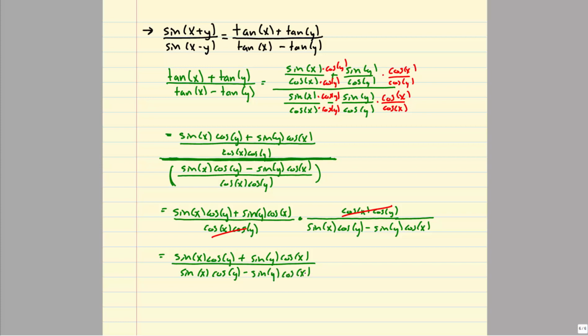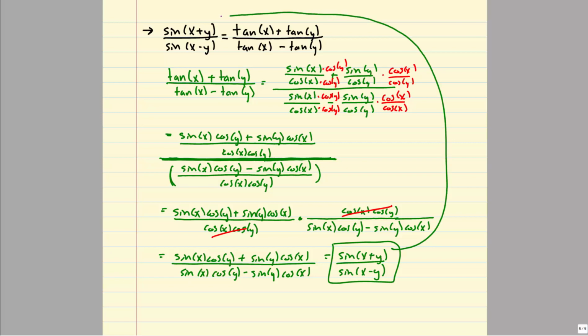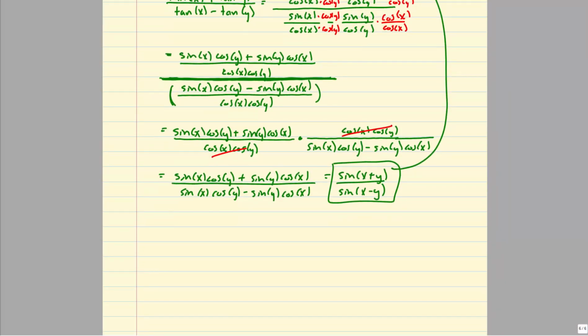So if you look back on your identity card or your identity sheet, this top one would be the sine of x plus y. In the bottom, the denominator would be the sine of x minus y. And again, this is what we were trying to establish. If we come clear back up here, I've established the identity. I've started with one side, a more complicated side, and worked toward the other side.